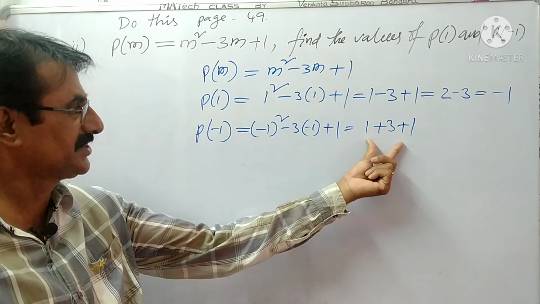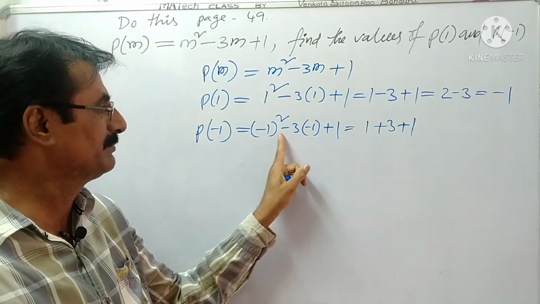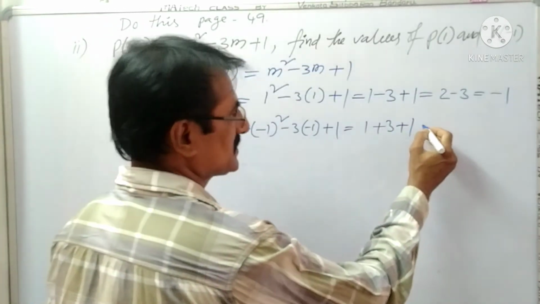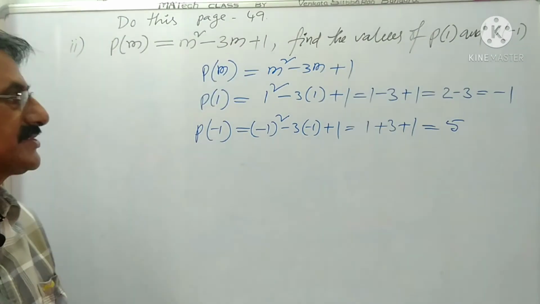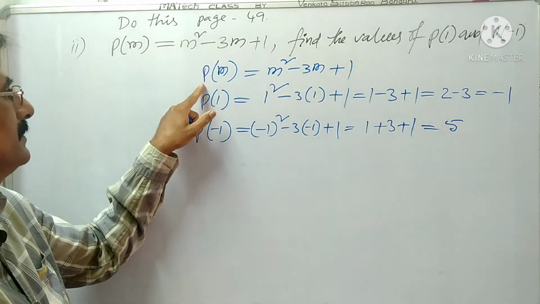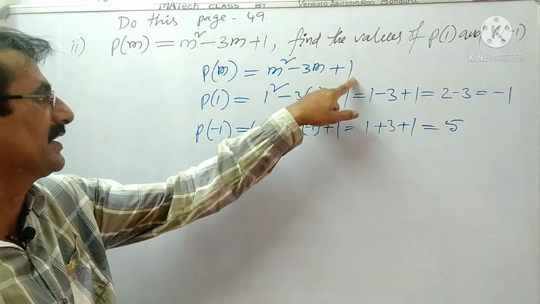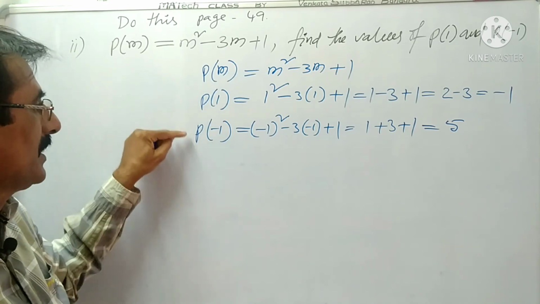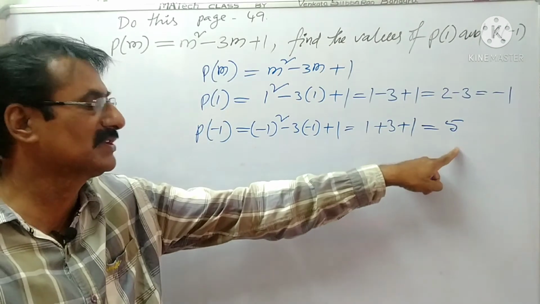When we observe these three terms, all are positive. Sum of them equals 5. You understand this one? Given a polynomial in variable m, m square minus 3m plus 1, we had to find p of 1 and p of minus 1. P of 1 value is minus 1. P of minus 1 value is 5.